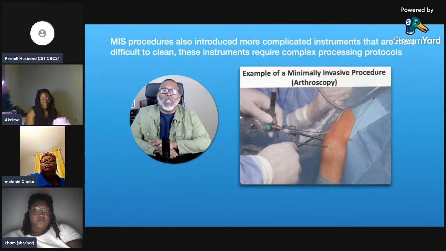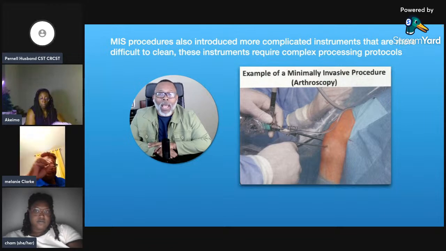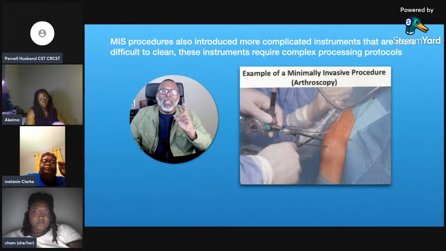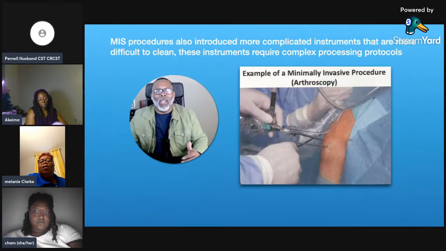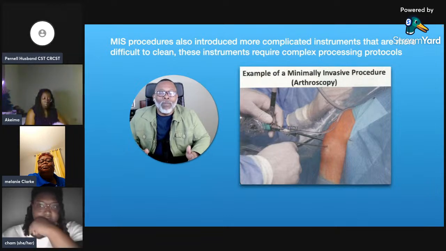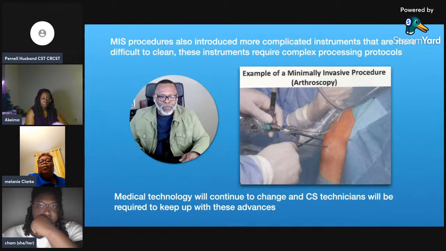Minimally invasive procedures also introduce, like I said before, more complicated instruments that are more difficult to clean. These instruments require complex processing protocols. Some people may think that in this particular department in a hospital, they're just washing dishes. They are glorified dishwashers. Well, this couldn't be anything further from the truth.